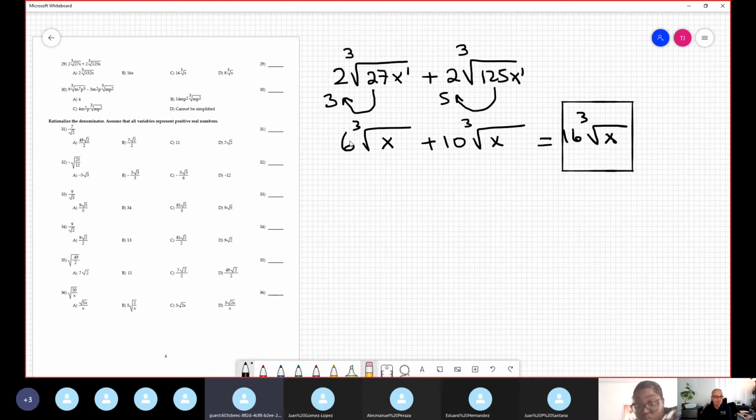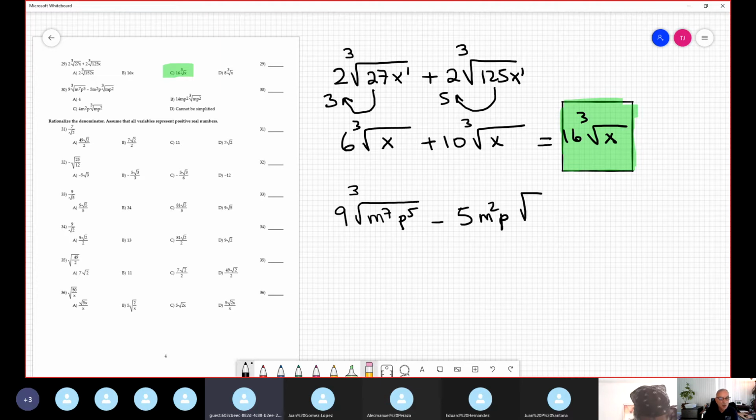I guess so. Now let me check. 16. Yeah, it's this one. Okay, let's move on to another: number 30, 9 cubic root of m to the 7th n, minus 5 n squared p cubic root of p squared, with p to the 5th power in the first term.